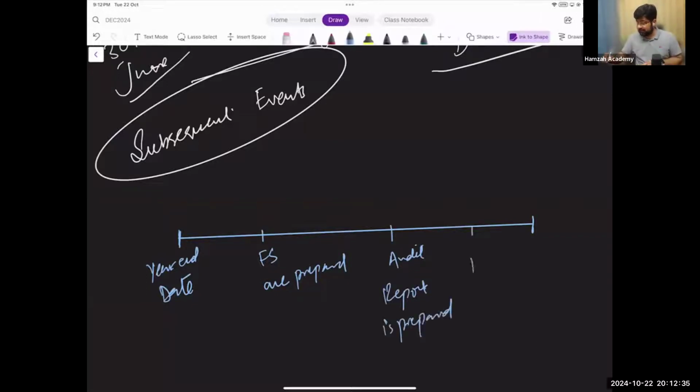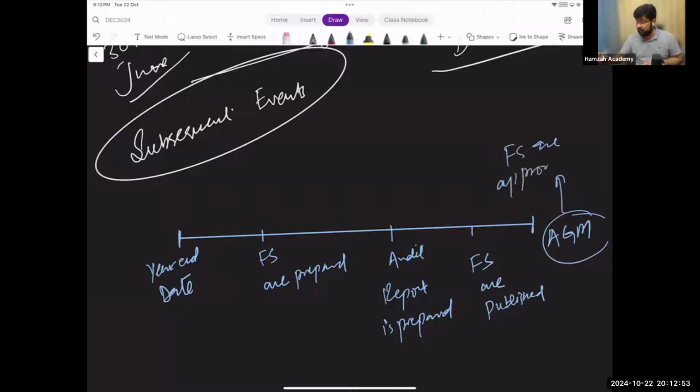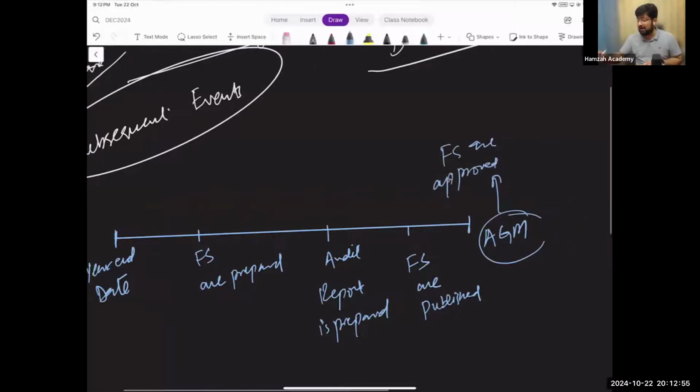Then here financial statements are published. And here is the AGM, and at the AGM, financial statements are approved or adopted by shareholders.